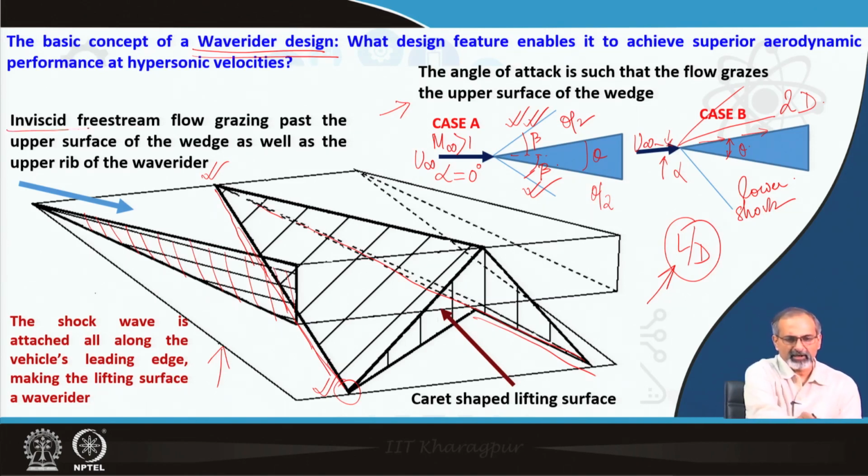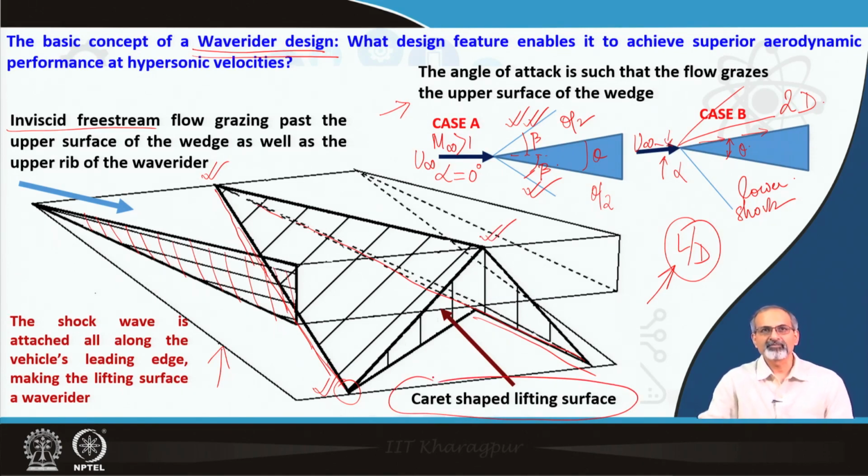Again, we are talking about an inviscid free stream flow grazing past the upper surface of the wedge as well as the upper rib of the body. So, we have a kind of carrot shaped lifting surface. The upper rib of the wave rider is kind of aligned with the flow direction.